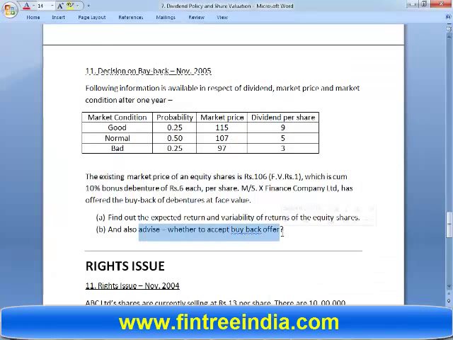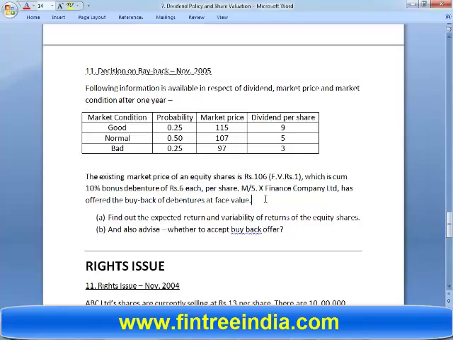Also advise whether to accept the buyback offer. So how do we decide? How do we decide whether we should accept the buyback offer? And it's buyback for what? Debentures.